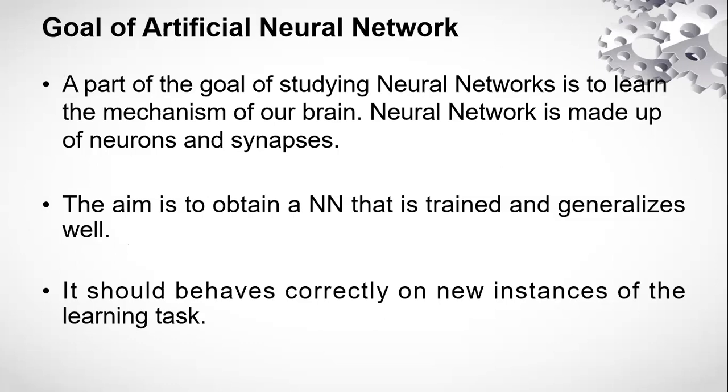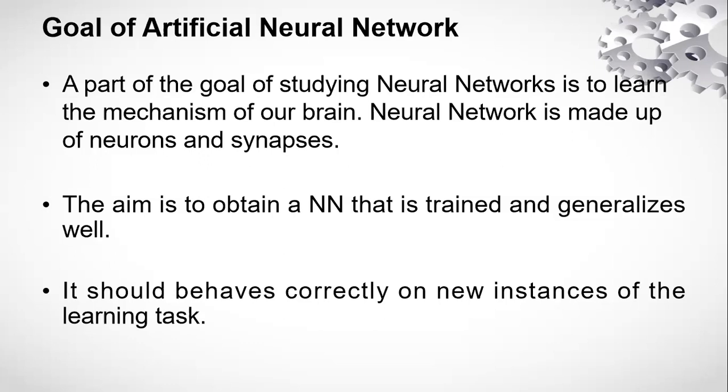The second aim of the artificial neural network is that we are going to train this neural network so that it can use its characteristic of generalization. When I say generalization, it can be defined in terms of classification. That means, if there is a crowd or population which is being discriminated on the basis of age group, maybe kids, people around 20 to 40 years of age, people above 40 to 50 years of age, and then old age, that is above 50.